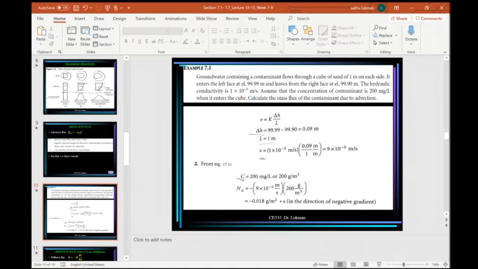So we just substitute in the formula, which gives minus 0.018 gram per meter squared per second. The negative sign means the flux is in the direction of decreasing concentration.